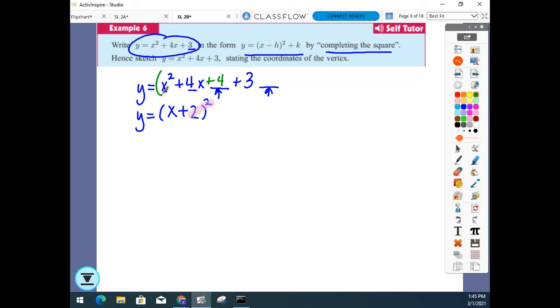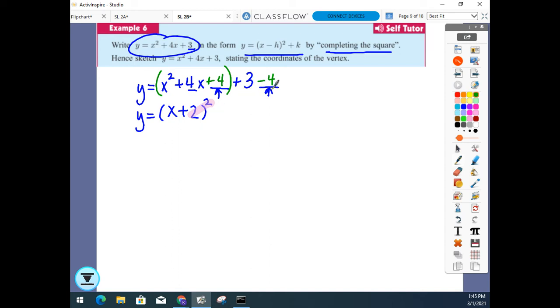2 squared is the value that completes the square. Now this is important. This whole thing makes the quantity squared. Because we had to add 4 to complete the square, I need to subtract 4 to counteract it. I can't just change the equation, but if I add and subtract on the same side, it's like I really added 0.